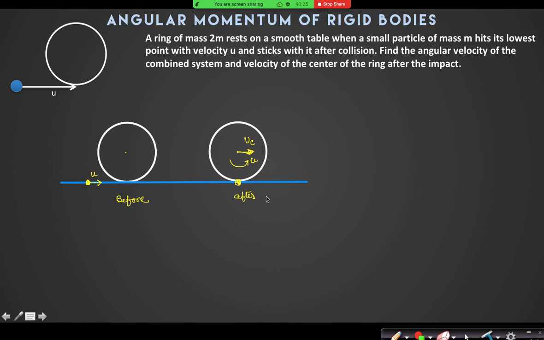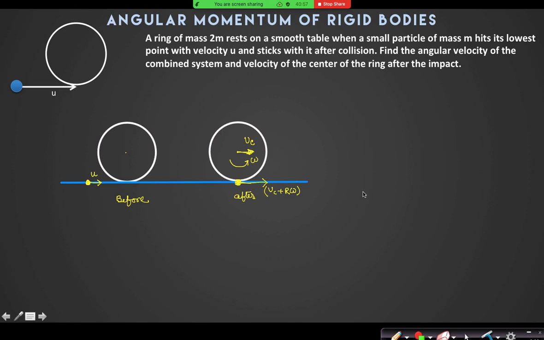Can I assume it? With my assumption, what is the velocity of this particle after collision then? Vc plus r omega.